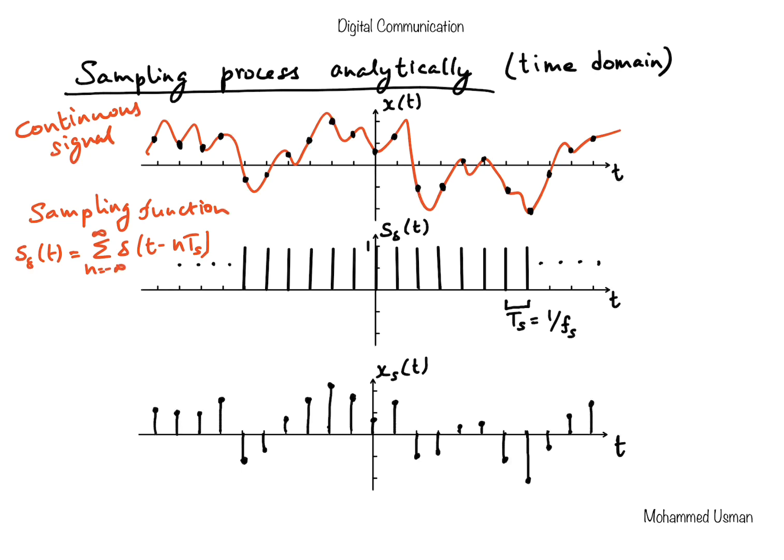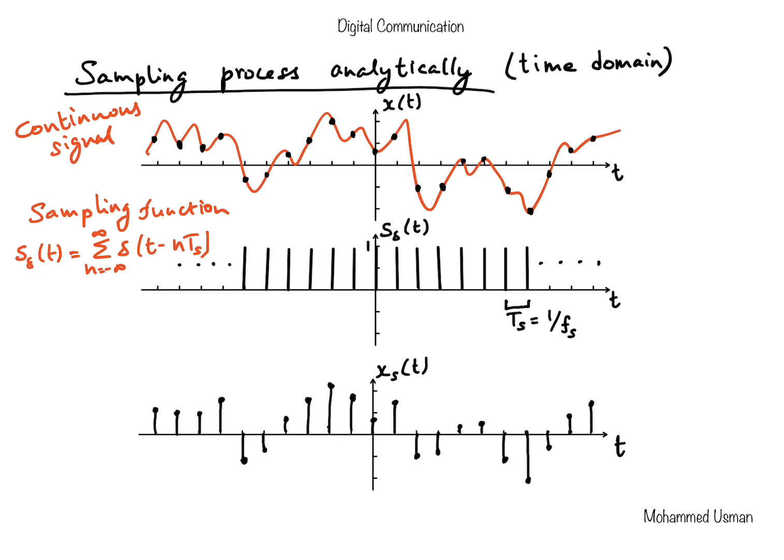That's our sampling function s delta of t, where the amplitude of each of these impulses is 1, and the time separation between the impulses is equal to the sampling period Ts, which is equal to 1 upon fs. So that's our sampling function.